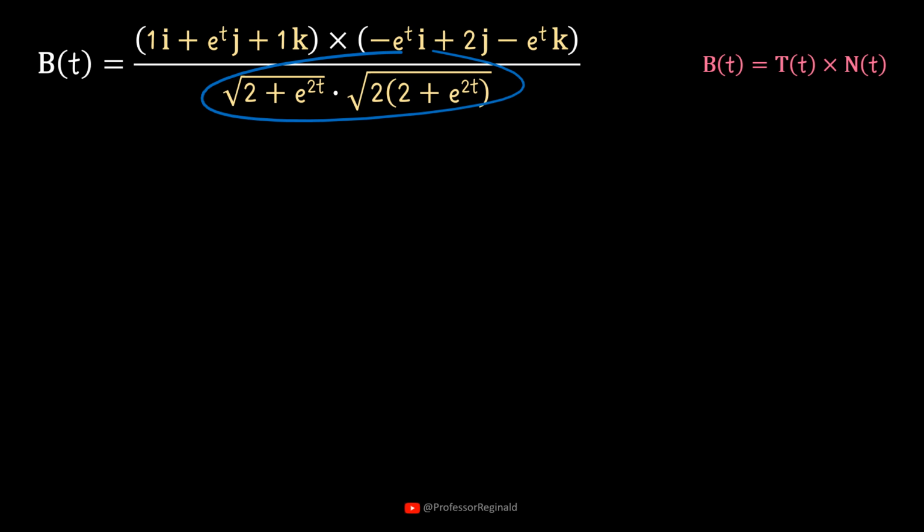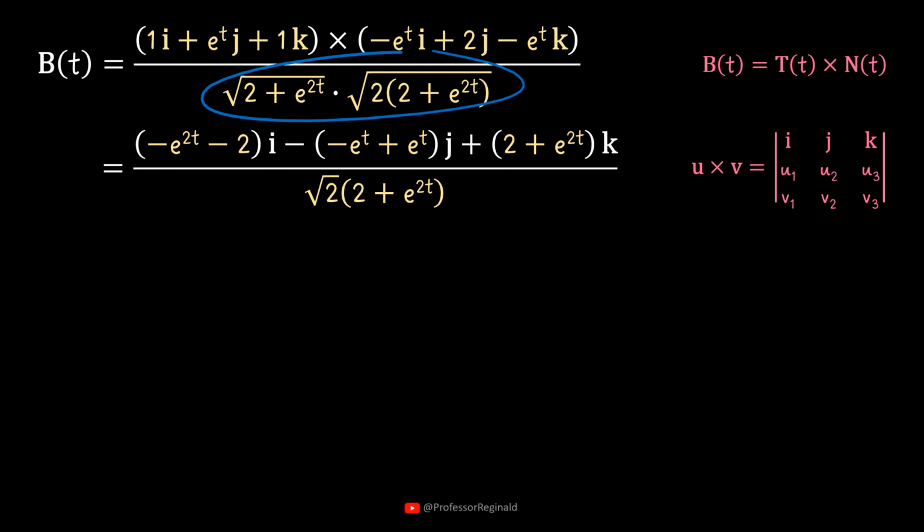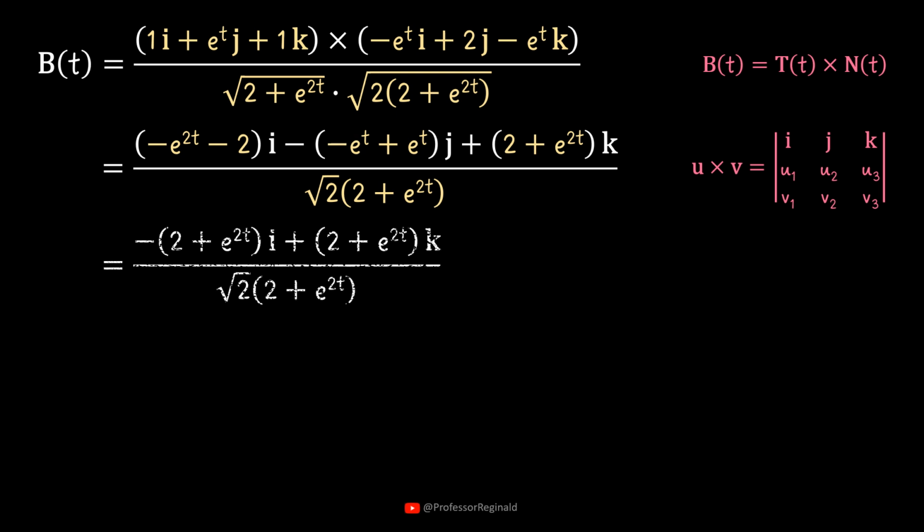Combine the factors in the denominator using a property of radicals, and use a formula for the cross product of two vectors. And then simplify each component of the cross product. Hence, this is the binormal vector to the space curve at any value of the general parameter t.